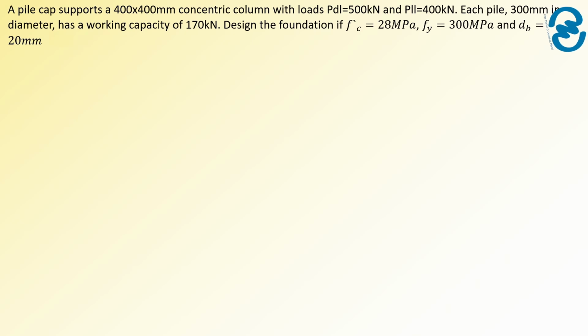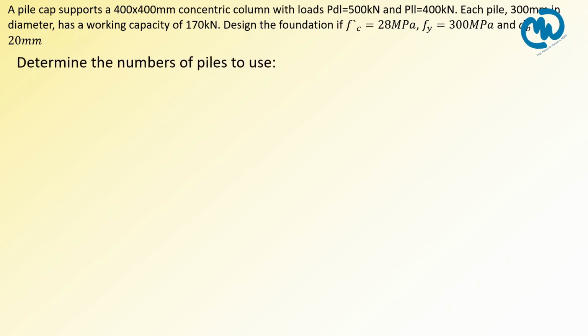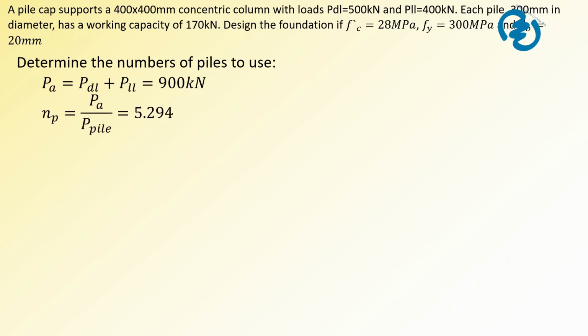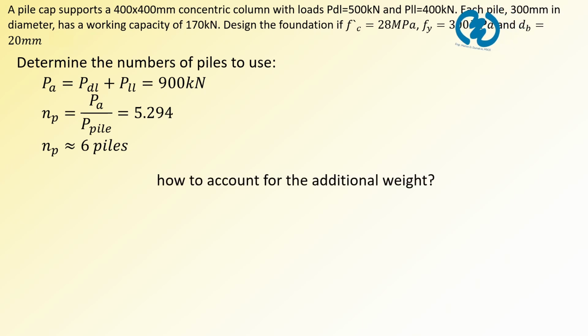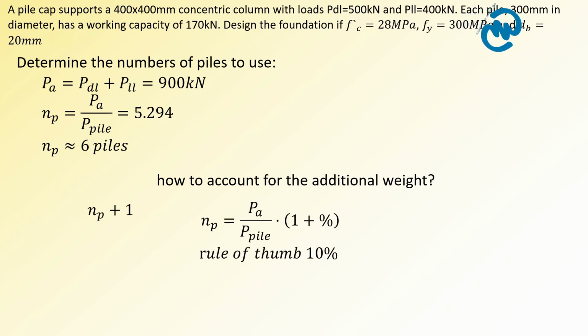To determine the number of piles needed to support the load, divide the allowable load by the capacity of a single pile. There are a few ways to adjust the calculation for additional weights. One option is to add one pile to the initially calculated value. Another approach is to increase the required number of piles by a small percentage, such as 10%.